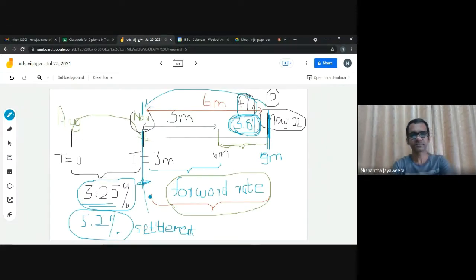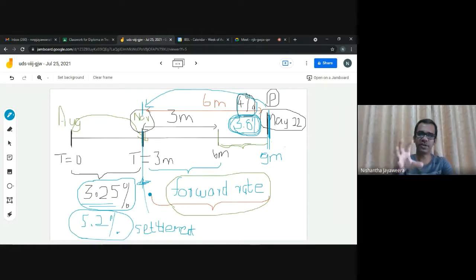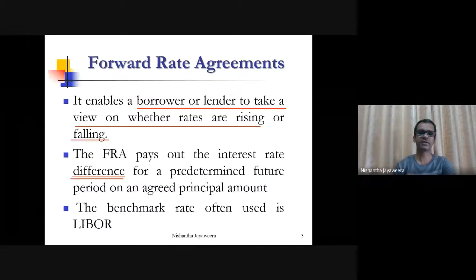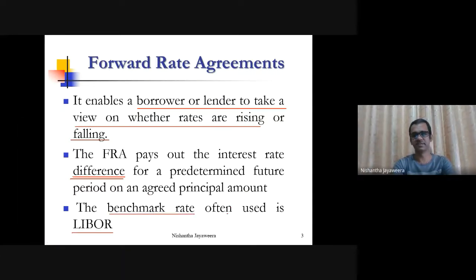AWPLR, things like that. So therefore, when you enter into an agreement, you should be clear about what is the reference rate that you are going to use. In the international market, so far, the LIBOR is the benchmark rate, but as I mentioned a few times, this will be replaced with some other interest rate.